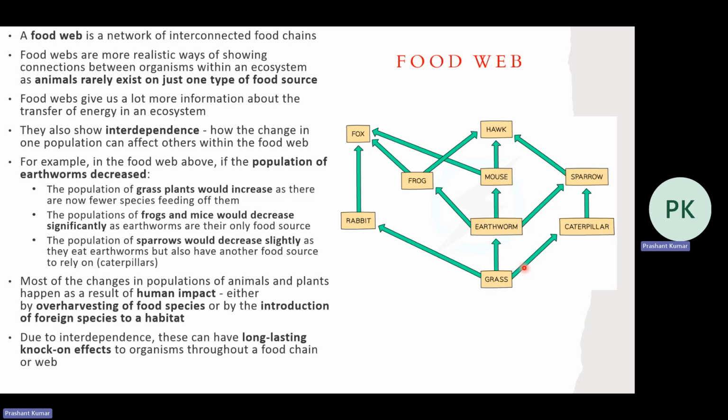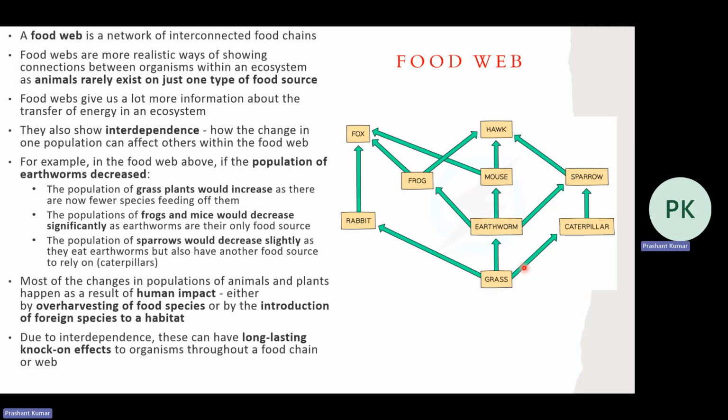We can't rely on just one source. So a food web gives us a lot more information about the transfer of energy, how energy is being transmitted in an ecosystem. And it also shows interdependence, in terms of food and in terms of energy.